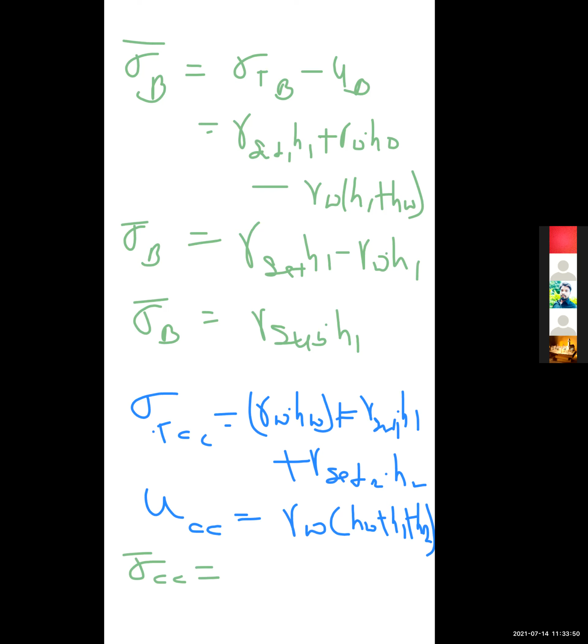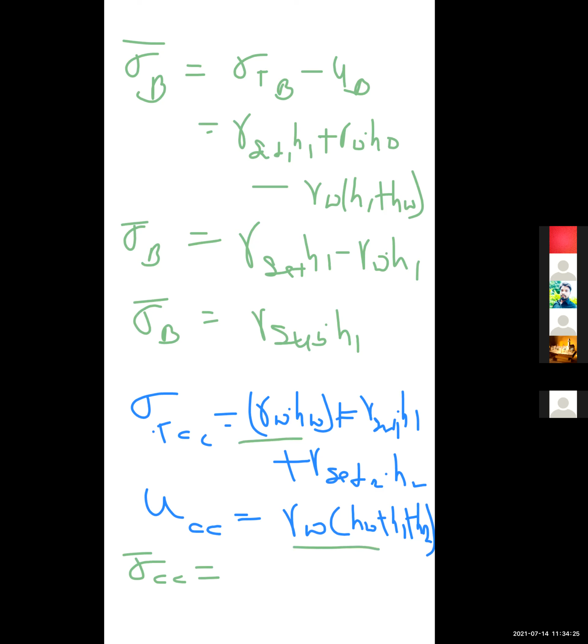Effective stress at C, ma'am, gamma submerged into H1 plus H2. Any other answer? Gamma submerged H1 plus gamma submerged H2.